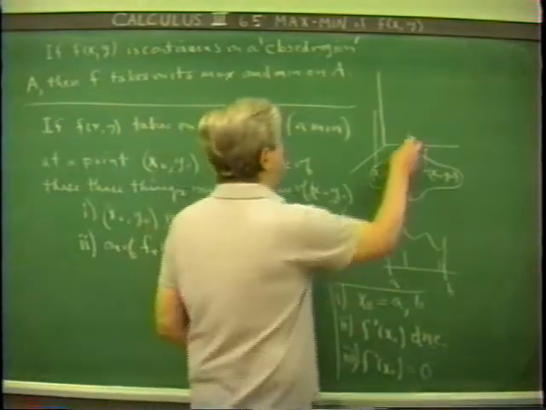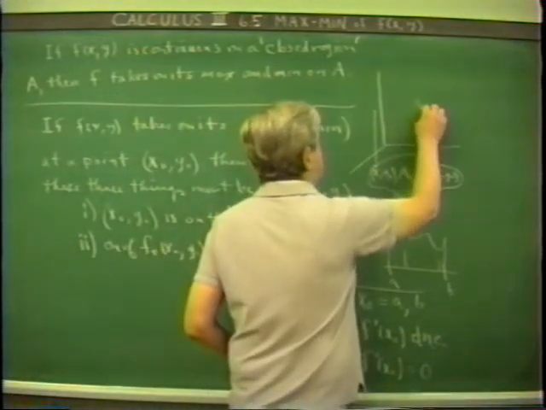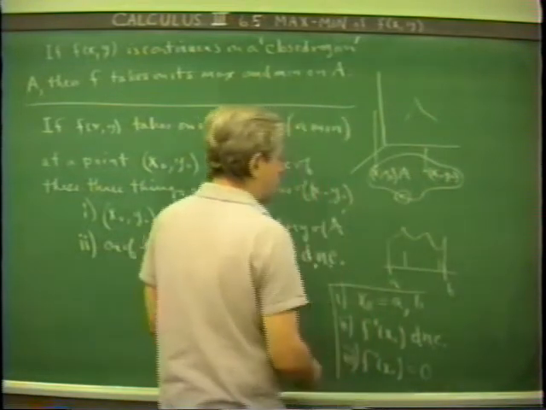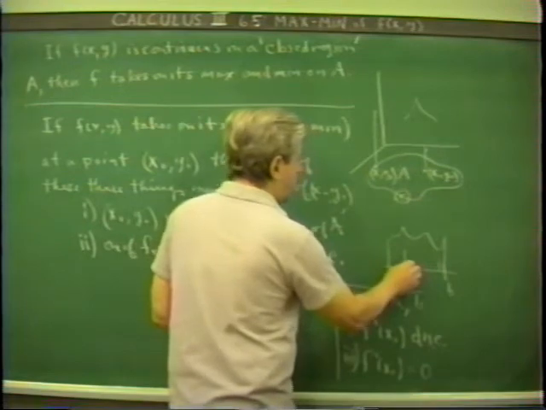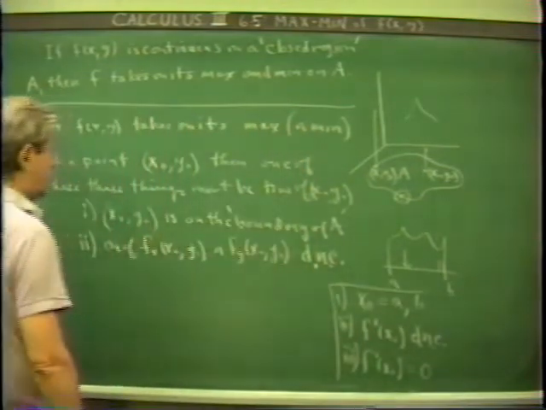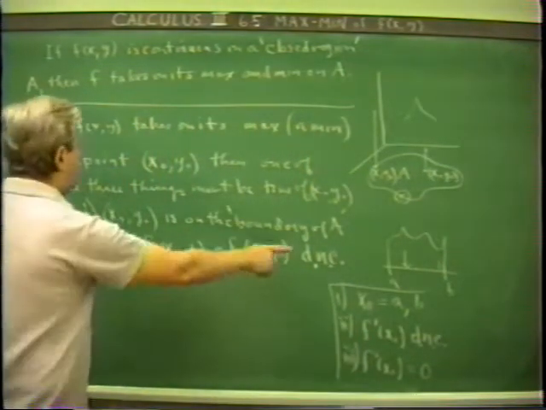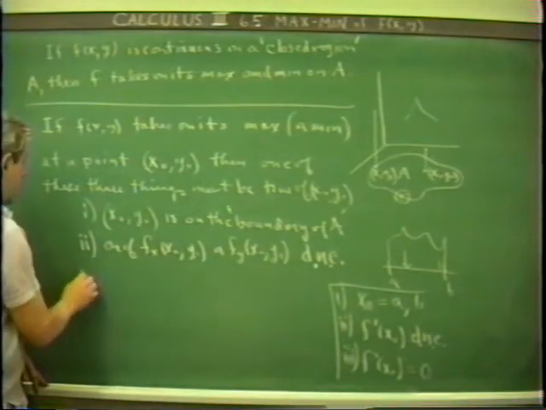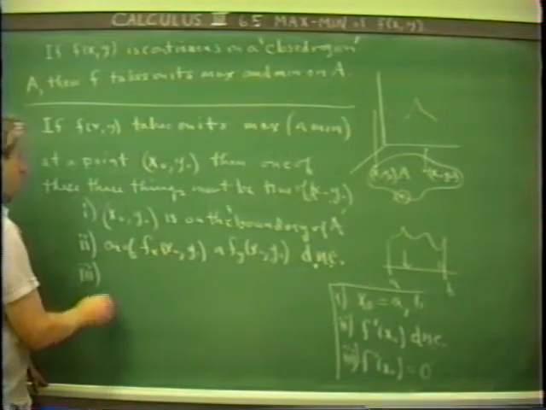It's possible that one of the partial derivatives doesn't exist at the point. For example, the function may have a peak like so, in which case partial derivatives wouldn't exist, and that's the analog here to the derivative not existing. If one of them doesn't exist, then it's possible that you have a maximum there, or a minimum.